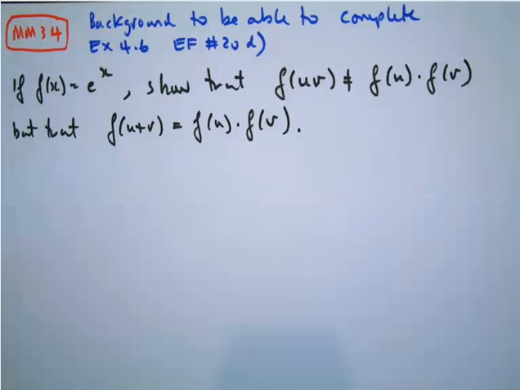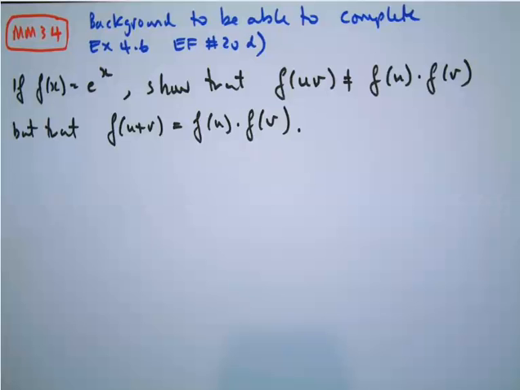Let's say f of x equals e to the x. I have to show that f of uv doesn't equal f of u times f of v, but that f of u plus v does equal f of u times f of v. Now in these questions we have to show that the general form, that the function equals something in one case always and doesn't equal something else in another case always.